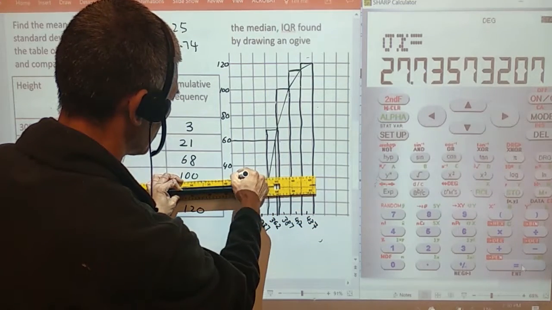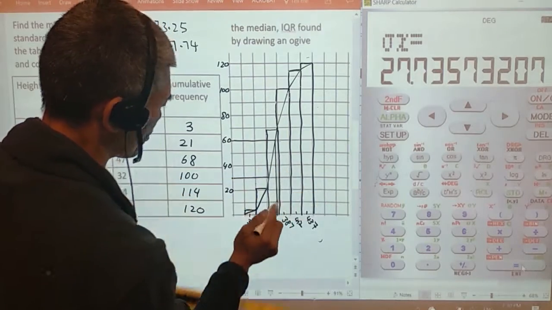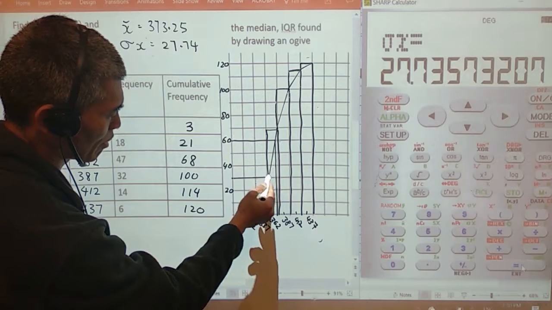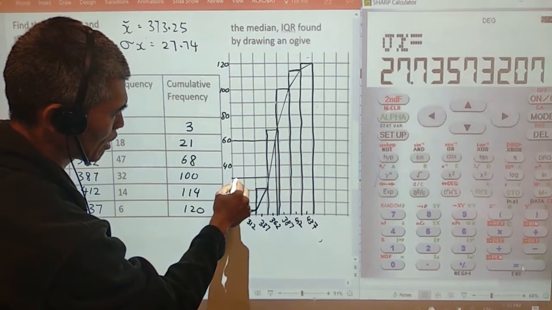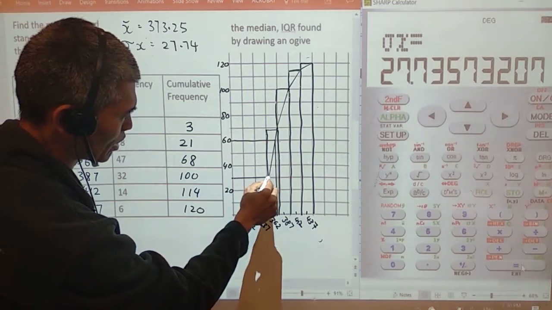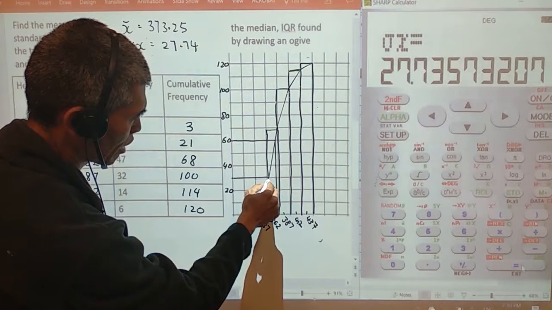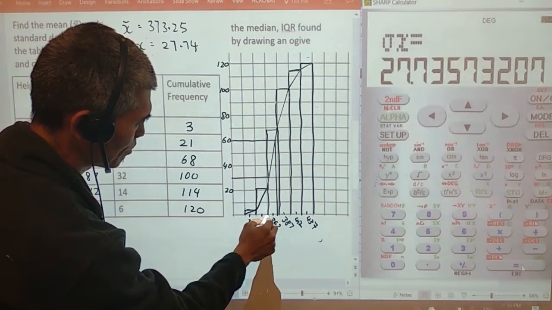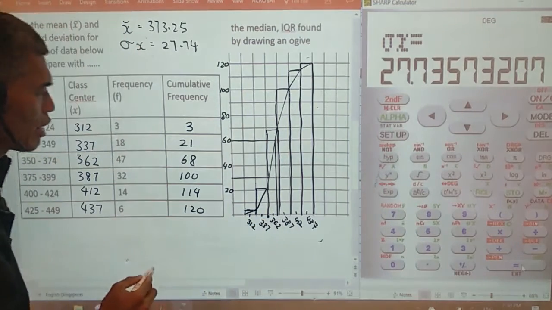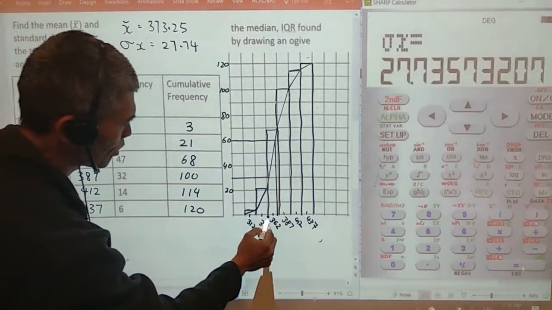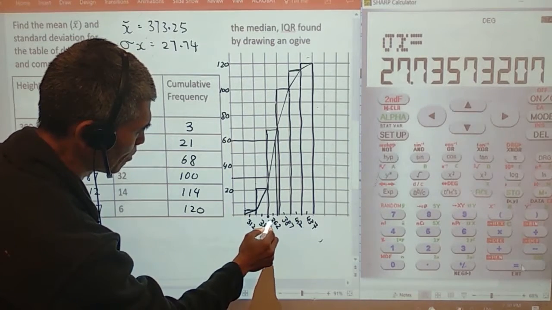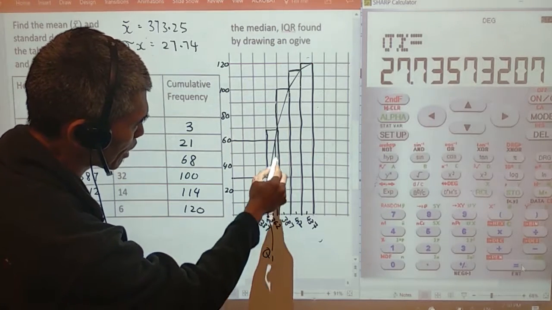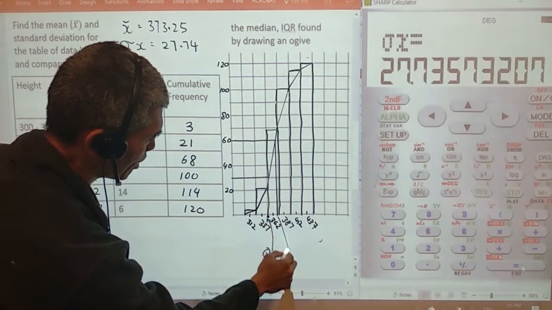We're just making the approximation that this horizontal line touches the ogive along this line over here. So that's somewhere here. This is our Q1. This is the median.